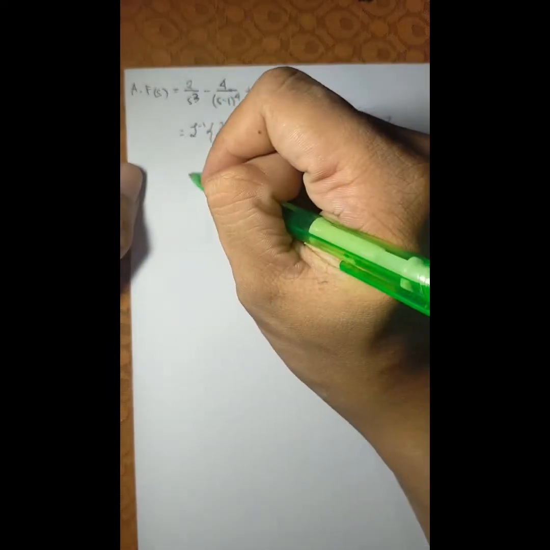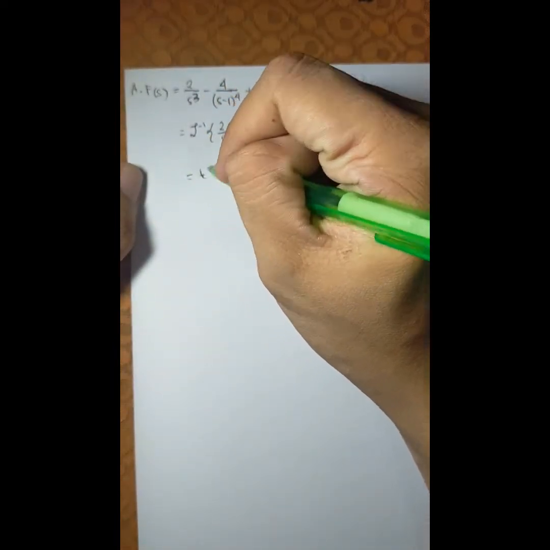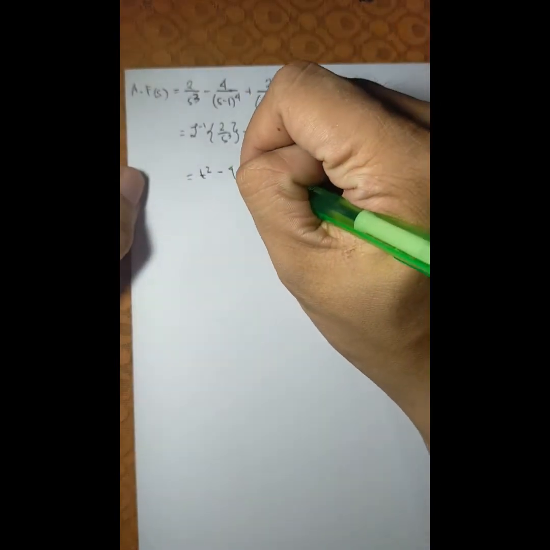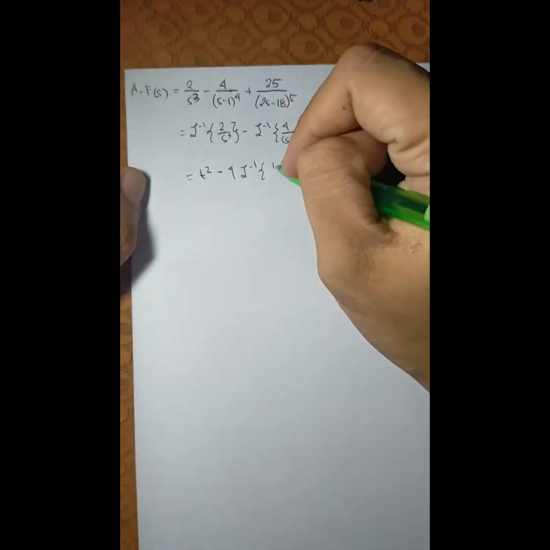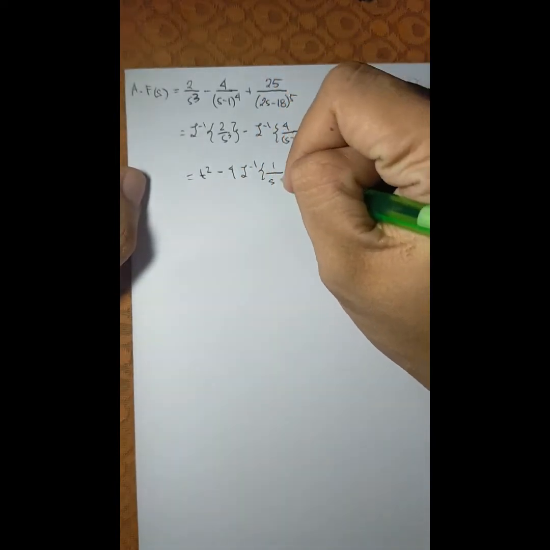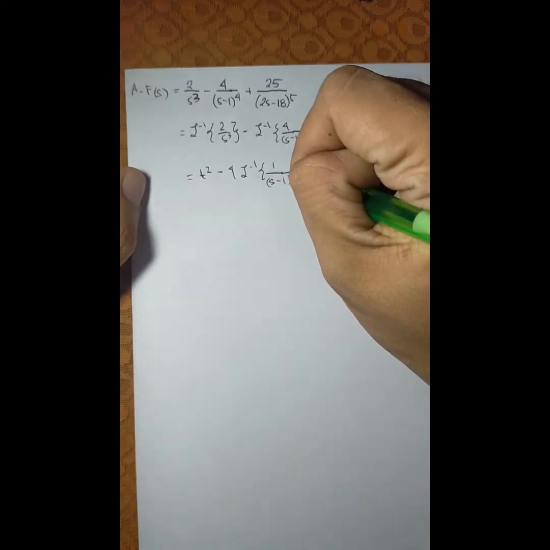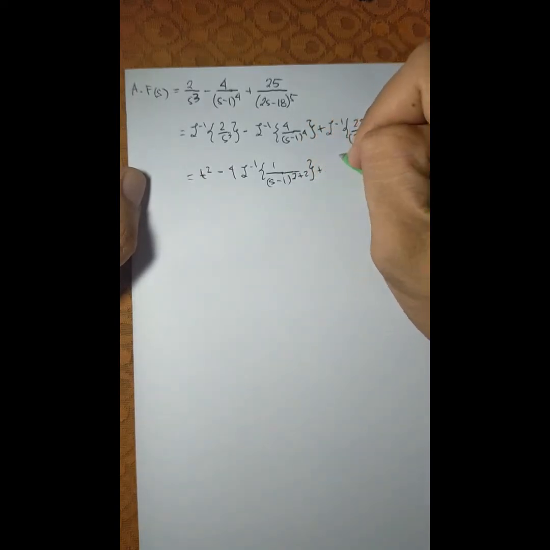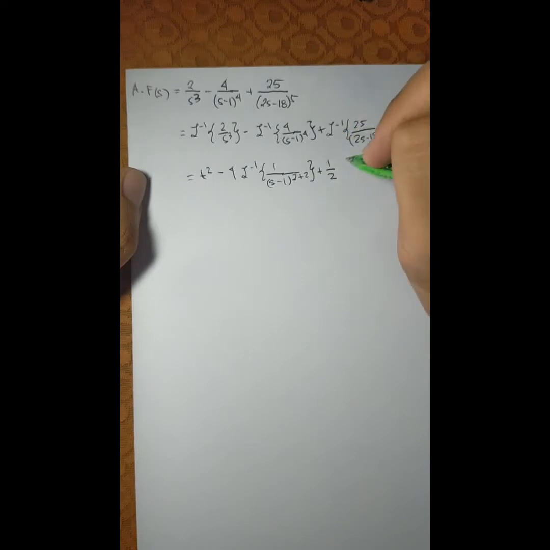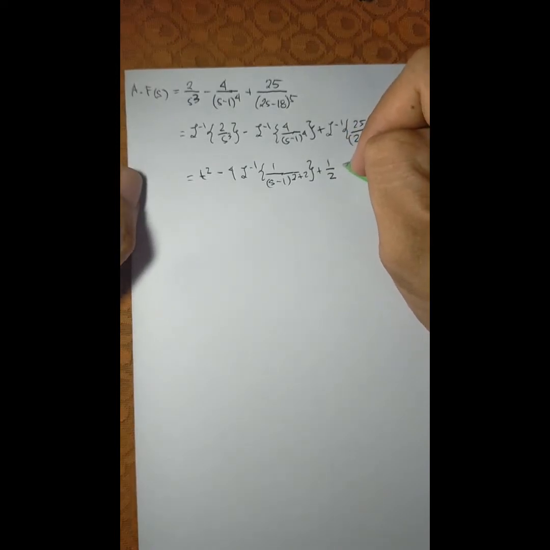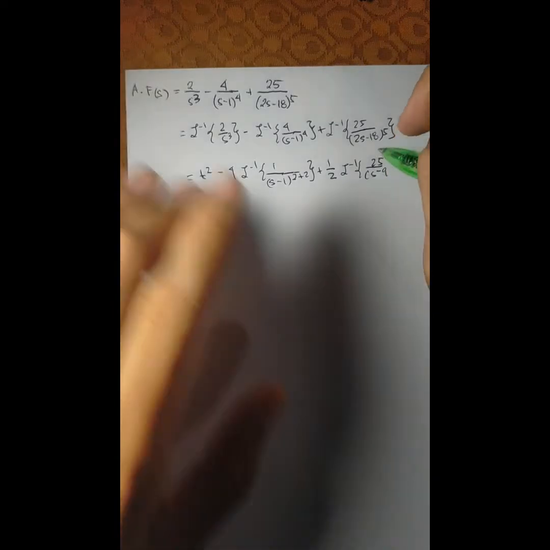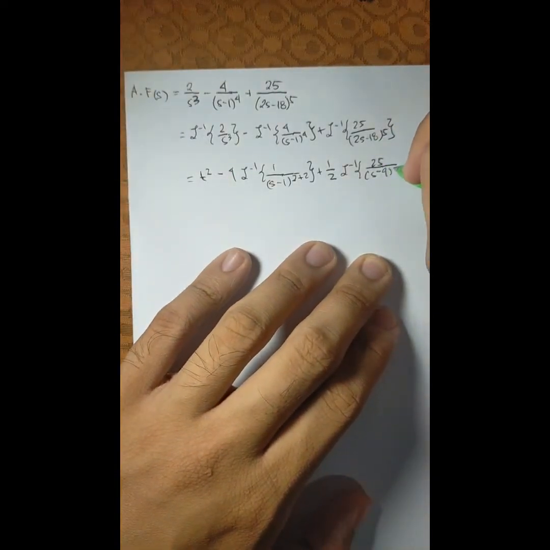And this can be equal to t raised to 2 minus, we will take out 4, we have 4 inverse Laplace transform of 1 over s minus 1, and this can be, we will make it raised to 2 plus 2, and plus 1 half, so that will become the inverse Laplace transform of 25 over (s minus 9), we will make it raised to 2 plus 3.